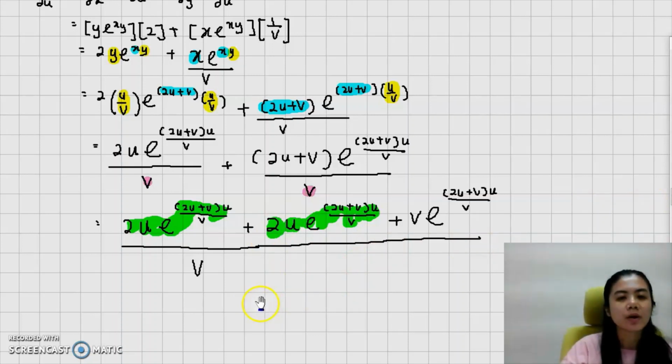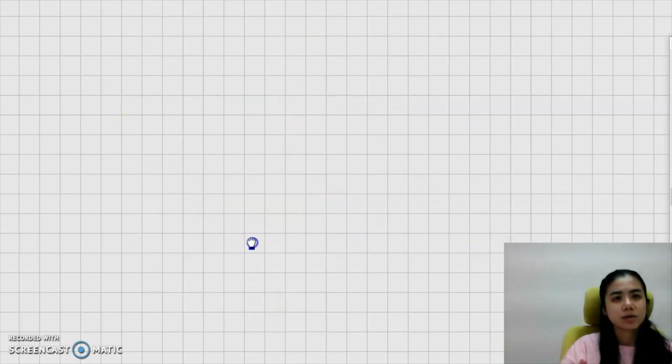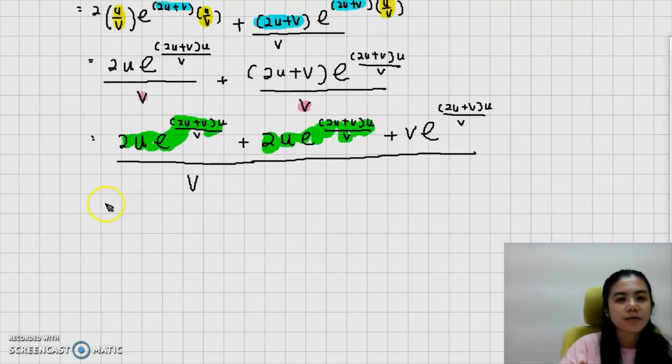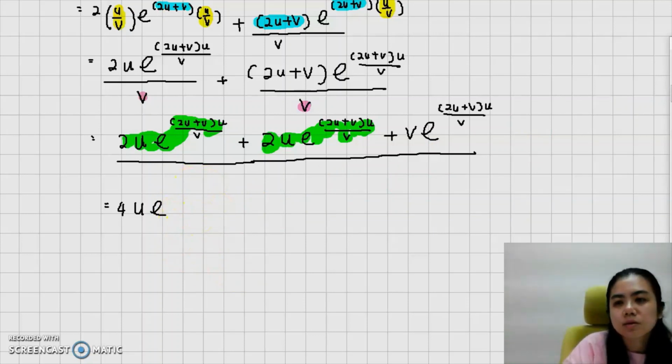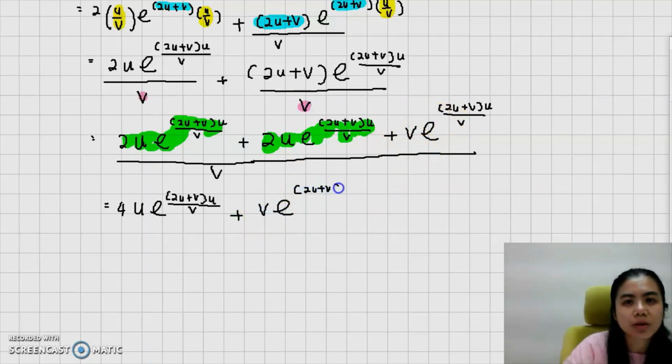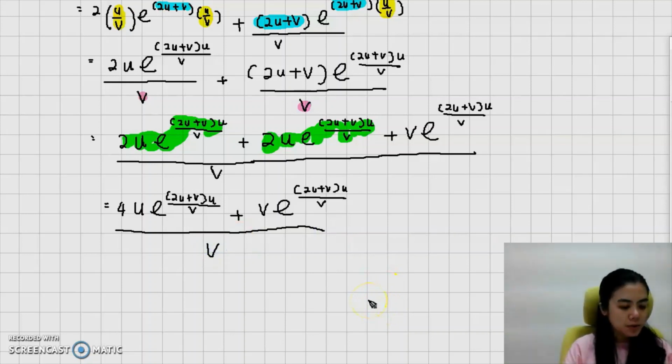So we will have 4u e^((2u+v)(u/v)) plus this item, v e^((2u+v)(u/v)), divided by v. Alright, so that's the answer for this example.